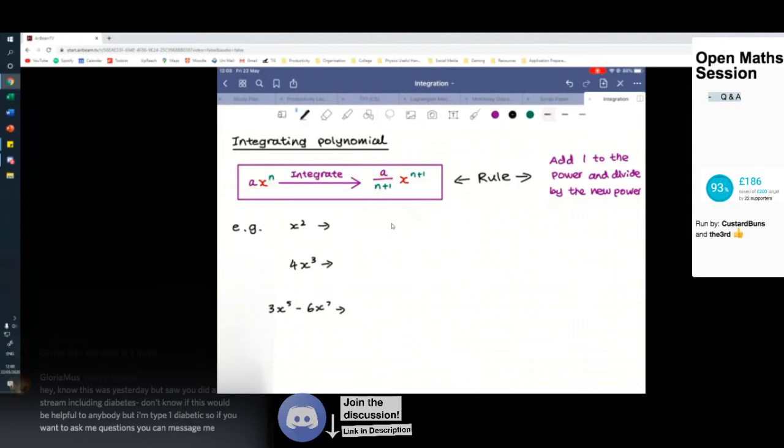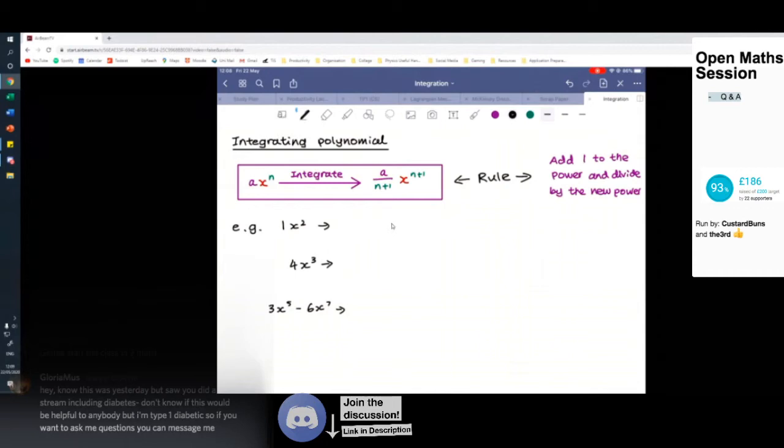So here we see our first example is x squared, quite a simple example. So x squared, there is a hidden 1 in front of it. It's technically 1 times x squared, but usually when there's a 1 in front of a function, we just don't write that at all. But I'm going to write it here just so it's clearer.